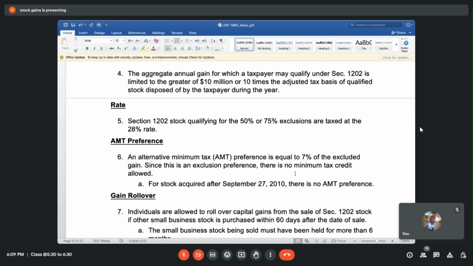The good part is that AMT can be carried over as MTC, minimum tax credit, and in later years you can use it, but still the AMT will be applicable. It's not like there is no liability at all. And we have seen all this in the AMT chapters.